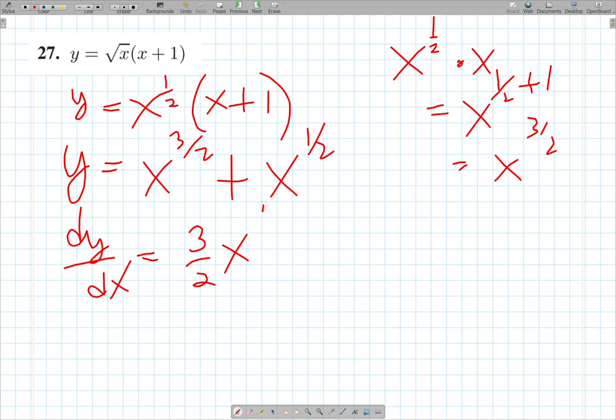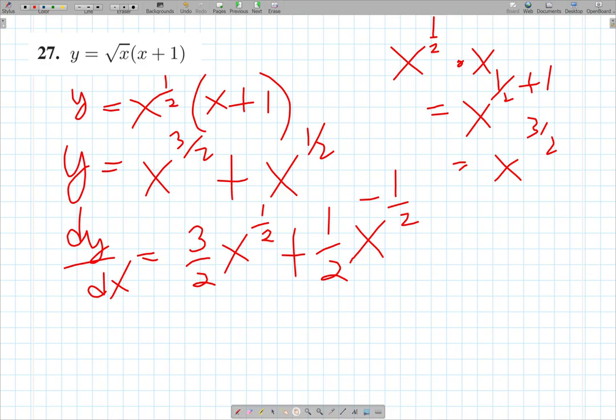Alright, positive 1/2. Tama na ba? Okay, so plus 1/2 times 1 is 1/2. 1/2. And then x, yan. 1/2 minus 1 is negative 1/2. Diba? 1/2 minus 1 is negative 1/2.